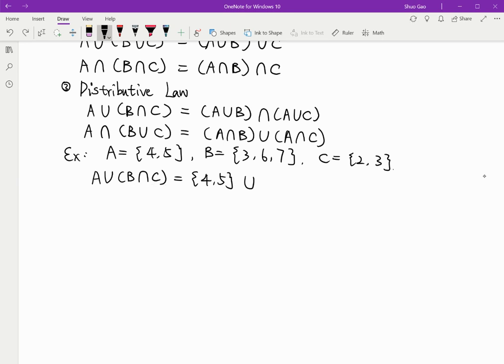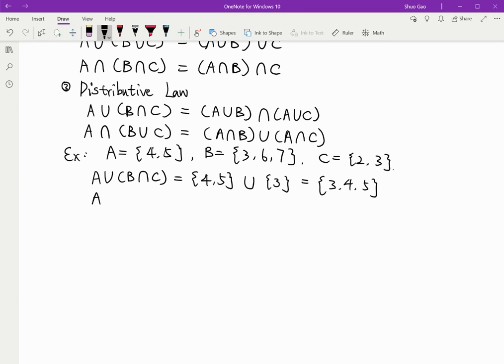B intersect C means we want to find the common element in both B and C. The only common element here is 3, in B and C. So this is 3 here. And for the union, we want to gather all the elements in both sets, so the union should be 3, 4, and 5.